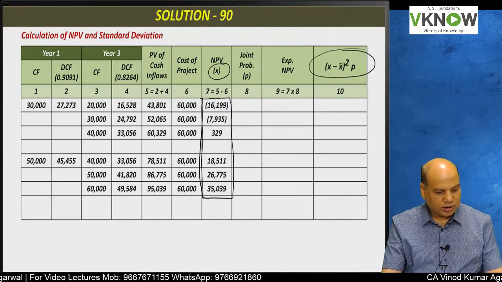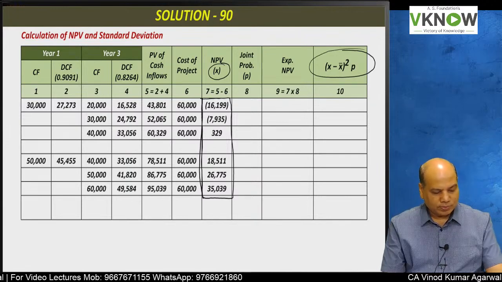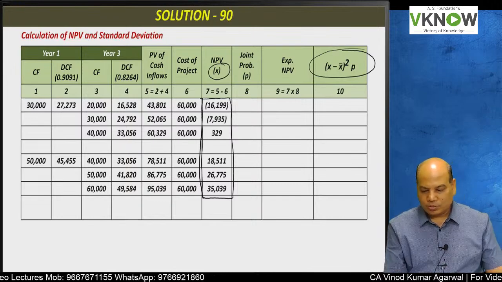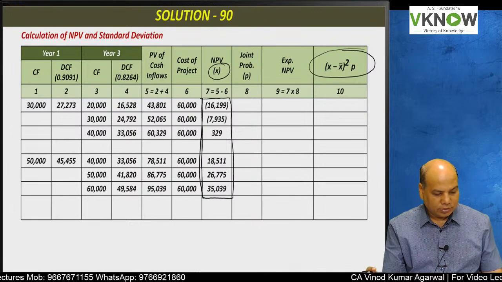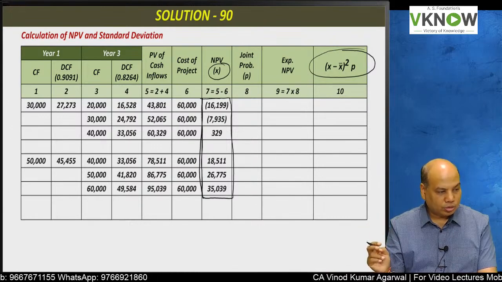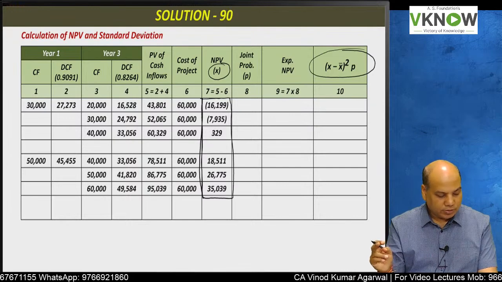Now the student is asking how to compute joint probability. Joint probability is the probability of year 1 multiplied by probability of year 2. So refer to your question.